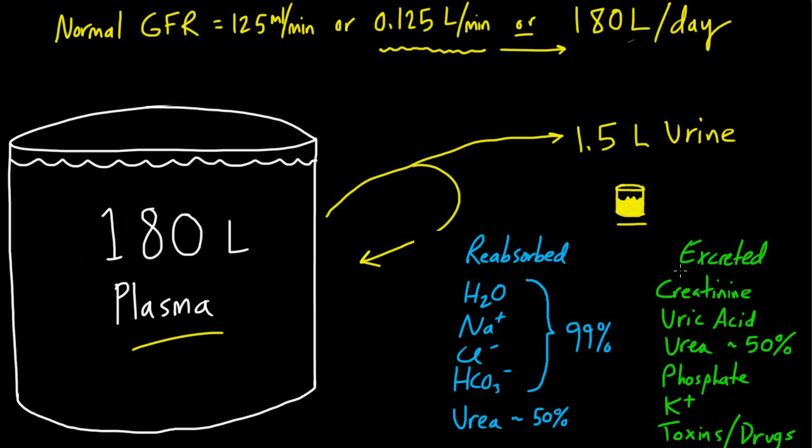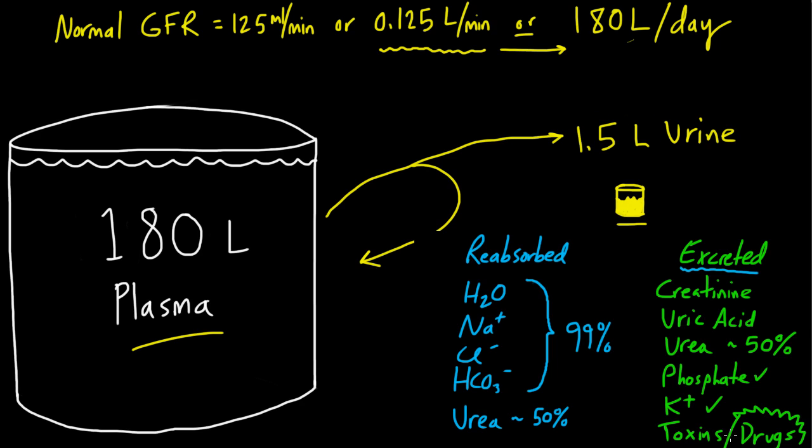But in addition to holding on to the good stuff, remember the kidney wants to get rid of the bad stuff. And so it's going to excrete metabolic end products and toxins. For instance, creatinine is excreted, uric acid gets excreted, the other 50% of the urea gets excreted, a little bit of phosphate and a little bit of potassium gets excreted, but also the toxins, so uremic toxins, and also drugs as they're metabolized.